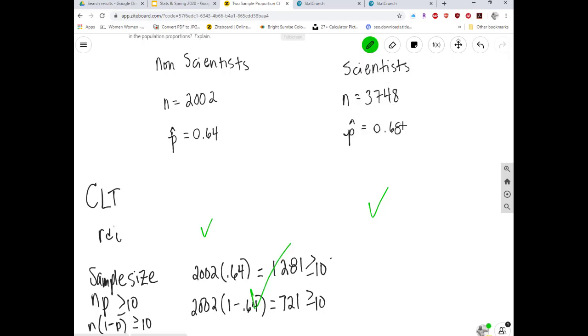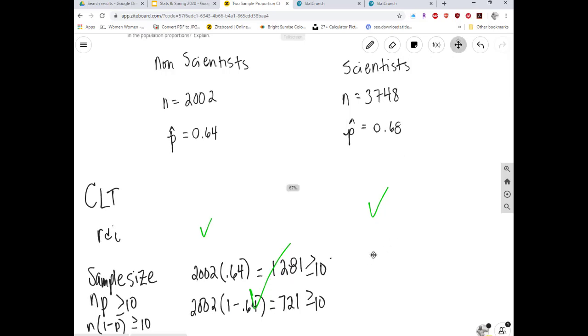Now I have to do it again for the scientists. You have to do it for both. So this is going to be 3,748 multiplied by 0.68.